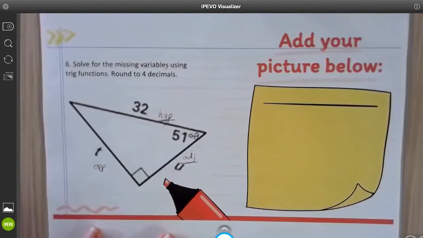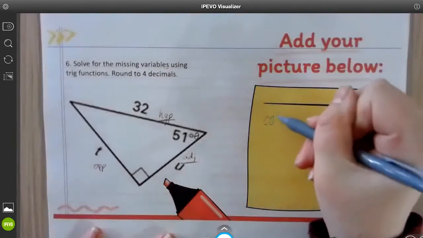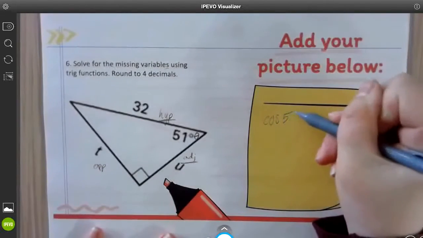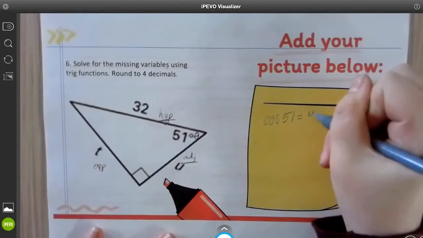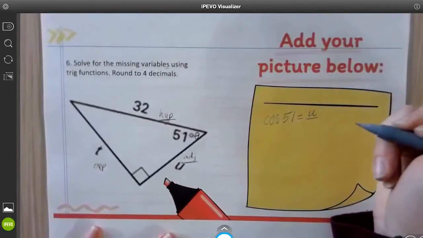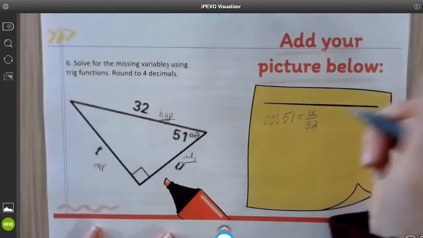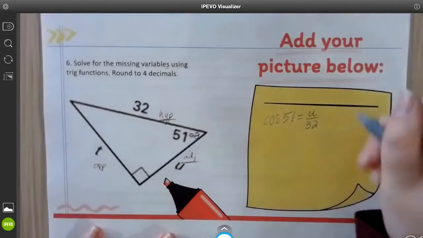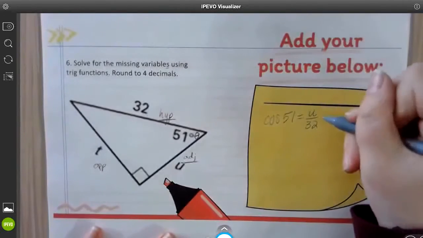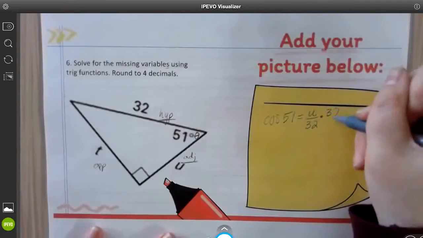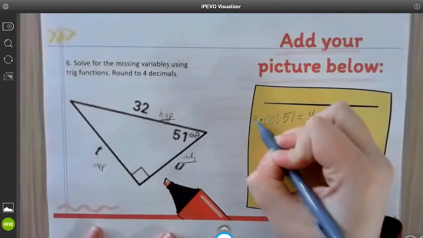So if we go back to SOHCAHTOA, we're going to use cosine. So it's cosine of 51 is equal to that adjacent side, which is labeled u, over the hypotenuse, which is 32. Now we have our equation set up, and we just have to solve for u. So we have to undo that division by multiplying.